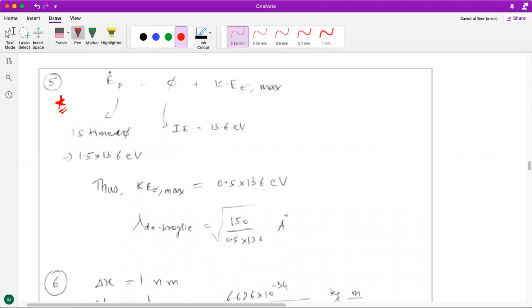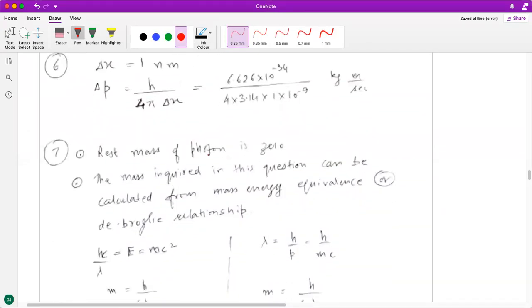How much energy it is absorbing? It is said it is absorbing 1.5 times its ionization energy, right? So ionization energy of hydrogen atom, that is the work function, is 13.6 eV. So the energy of photon absorbed will be 1.5 times that. Based on this, you can calculate by using the law of conservation of energy, the kinetic energy of the ejected electron, and then you can use it to calculate its de Broglie wavelength.